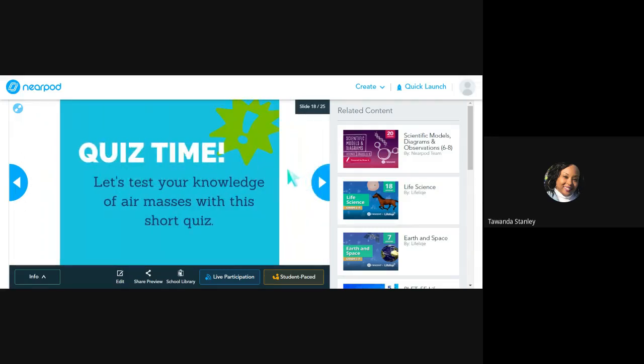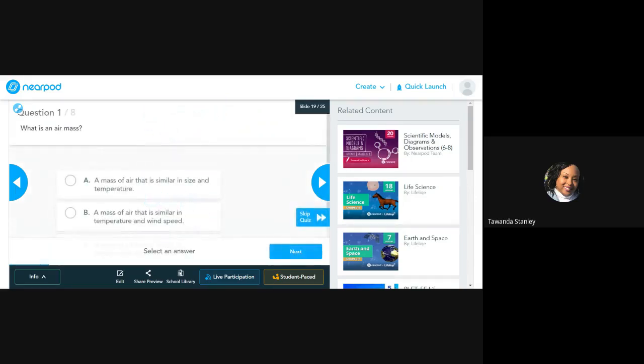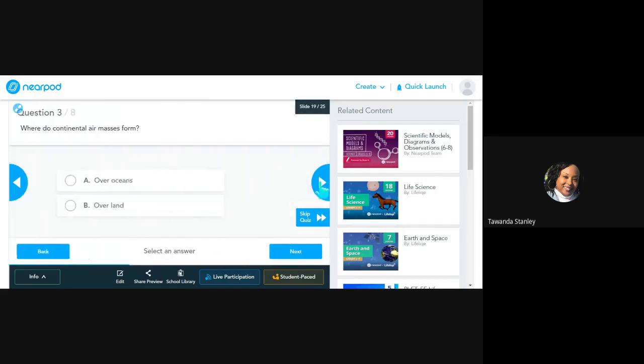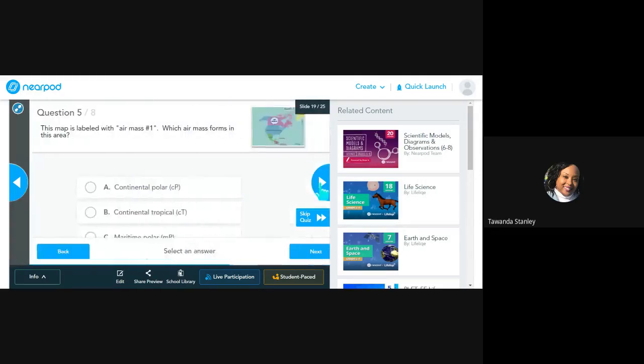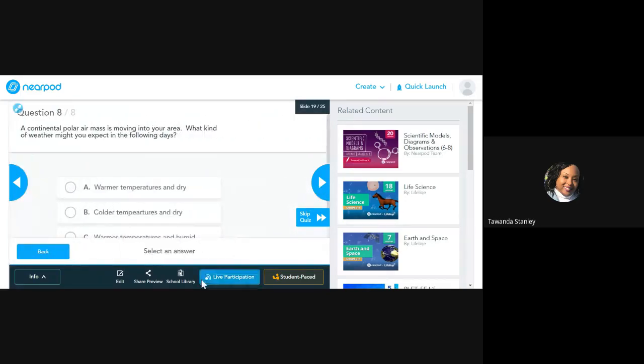On the next couple of pages, you have a quiz that you will need to answer the questions to. There are 8 questions. I'm just going to go through those, and then I'm going to stop sharing this page and share another page.